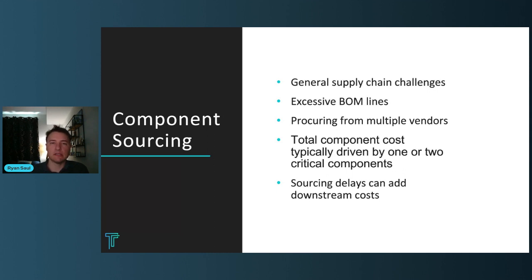I highly recommend, it's not a waste of time, to do your own tiny analysis of your bill of materials and figure out what are those line items that are driving your cost. Because sometimes you have no choice. That's just what's required to make your design work. But many times there is a choice.